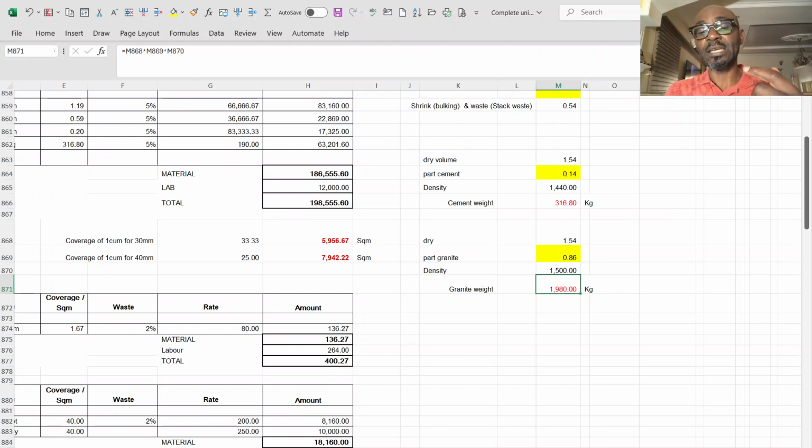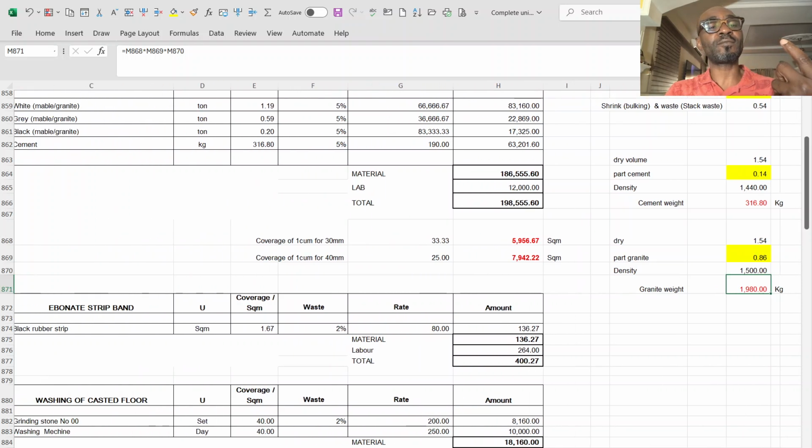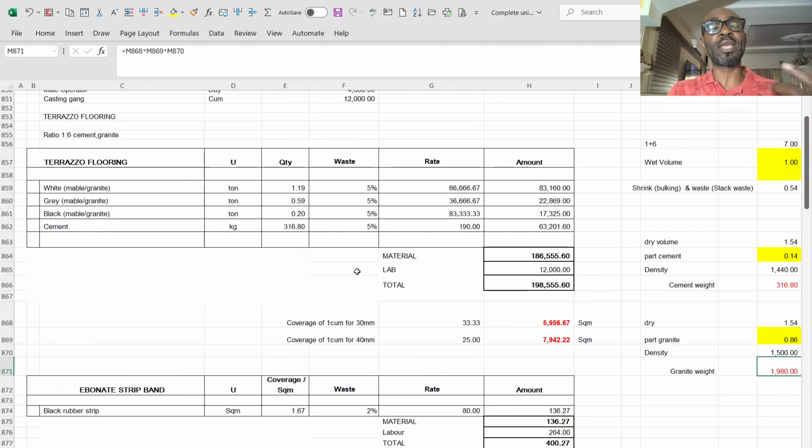So in this case, since we are all working on assumption here, I did some assumption. I said for the white granite, he needs 60% of the 1,980 kg. Then for the gray, you need 30% of the 1,980 kg.